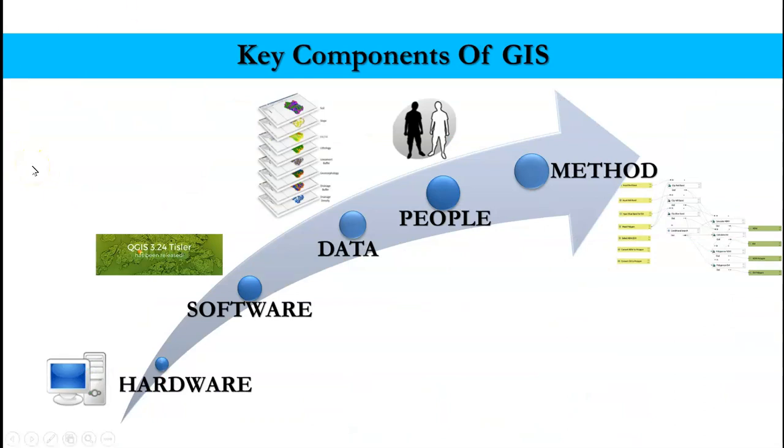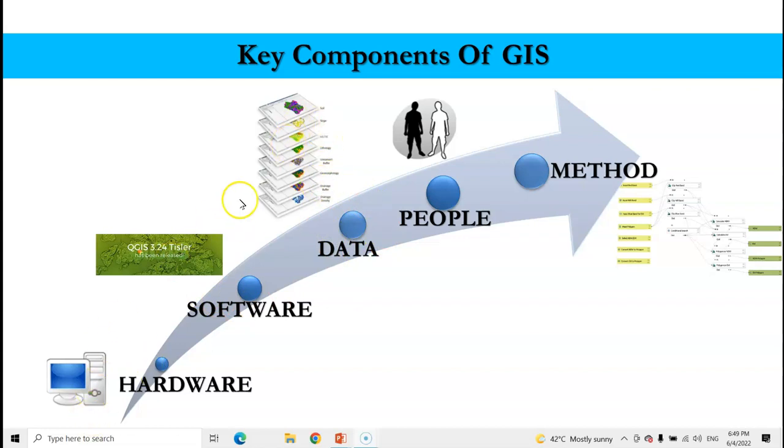Yes, key components of GIS, as we discussed before: data, computers, users, methods. So these are the 5 important key terms. We need hardware first of all, then we need to install the software, then we need data like non-spatial and spatial data.